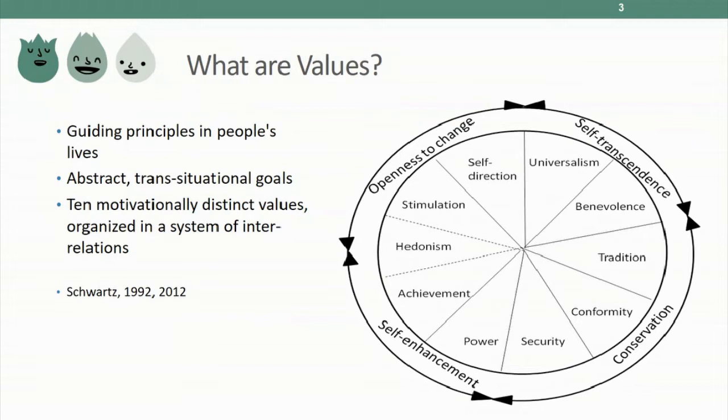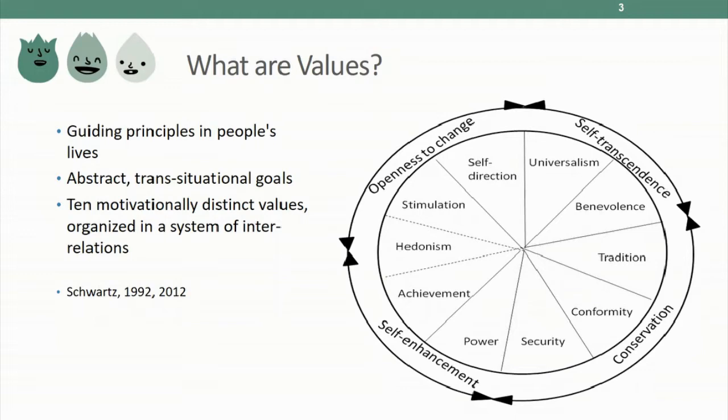And we are very likely to use them in our everyday life, as well as in life-determining choices. The theory of personal values by Shalom Schwartz applies 10 motivationally distinct values, at least in its classic form. And these values are differentiated by the underlying motivations that guide them.